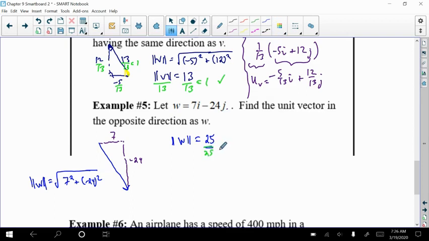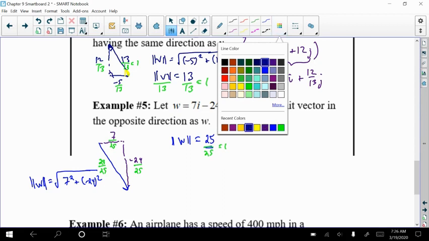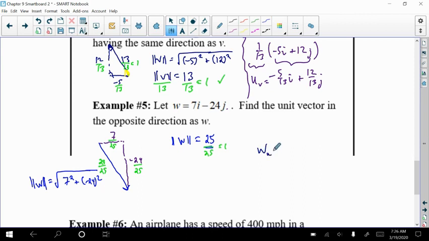So if this was 25, and I divide it by 25 to get 1, then I divide this by 25, and I divide that by 25. So we're scaling them all down by 25. So then I could write my final answer: a unit vector in the direction of W is equal to 7 over 25 i minus 24 over 25 j.